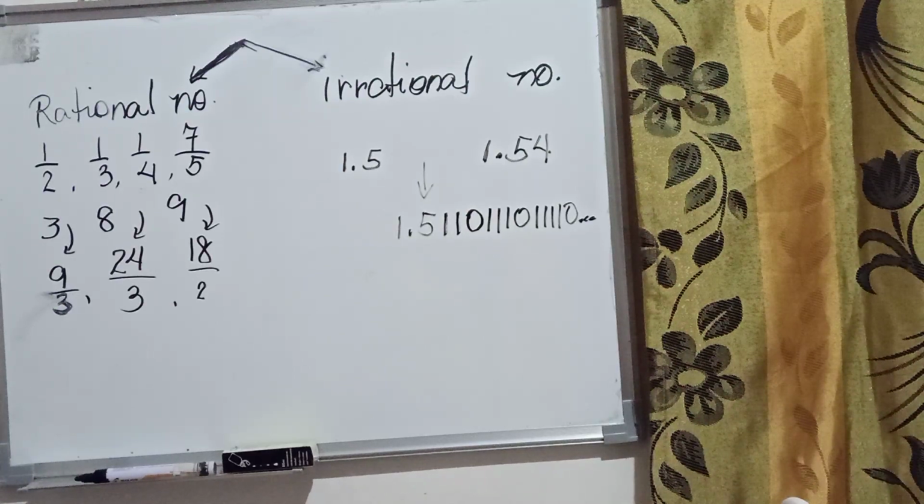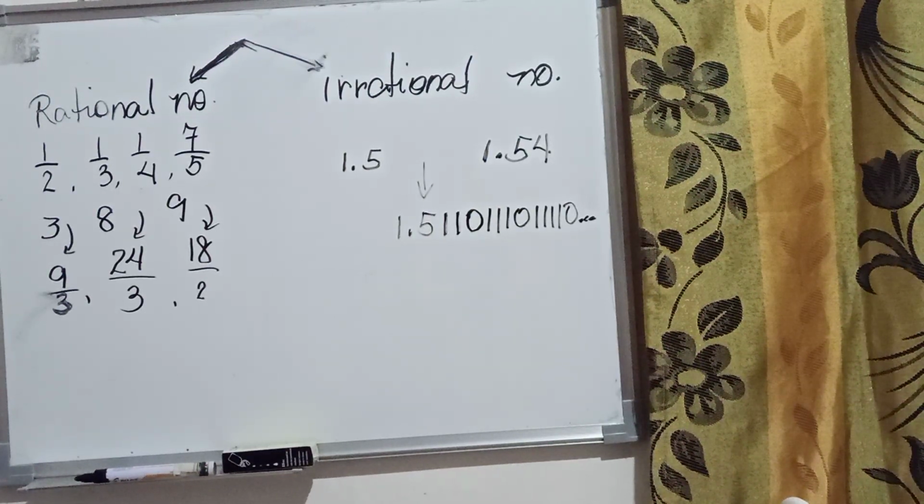1.5 and 1.54, of course, are numbers which are considered rational. But just for us to find out, are there irrational numbers in between these two? I had given you an example, and I think you can create. There are still so many numbers that we can identify or we can write, which are present between 1.5 and 1.54.